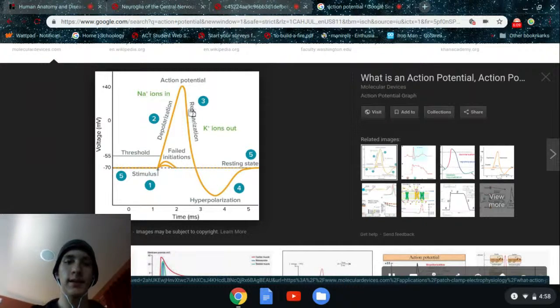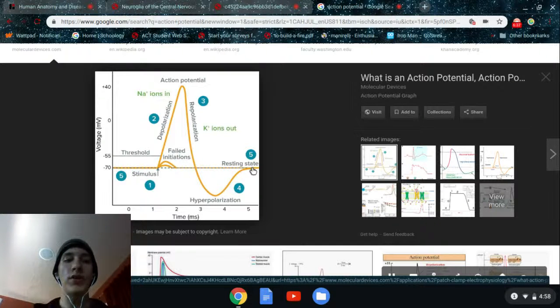After that, it reaches this area where, because it's so positive, the potassium gates activate, letting the positive out until it goes all the way back past regular, and then it goes back to homeostasis to do the resting state again.